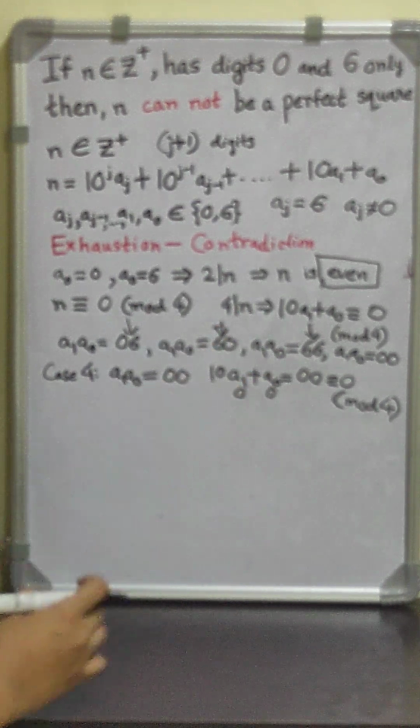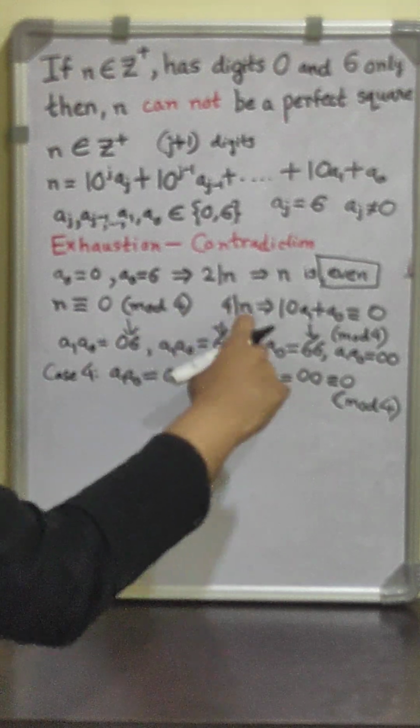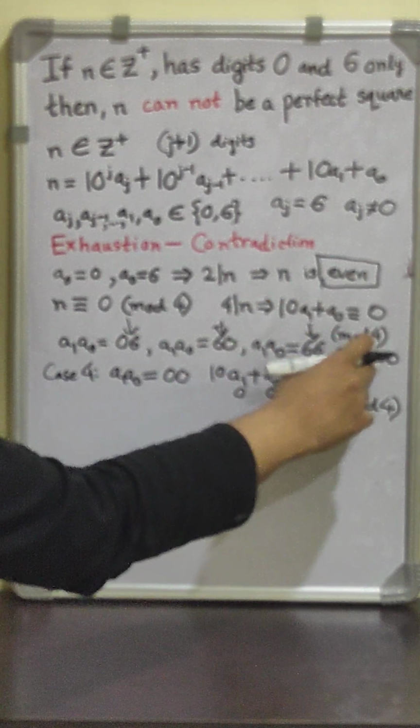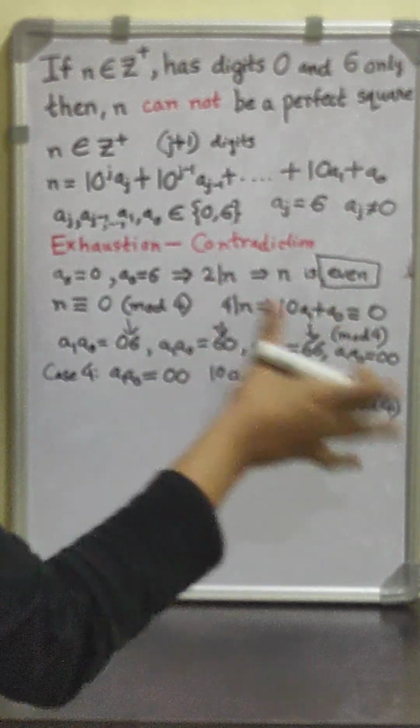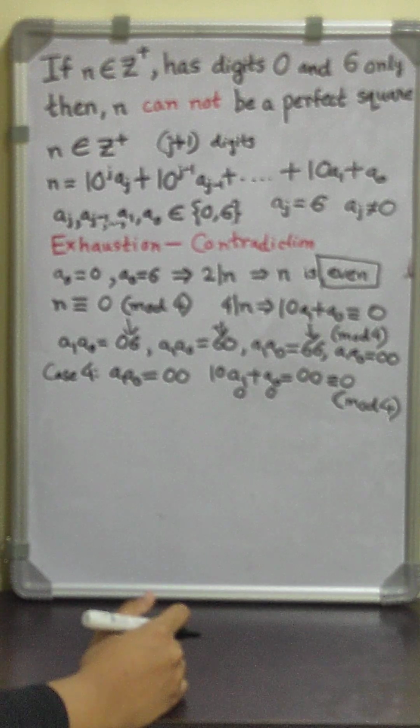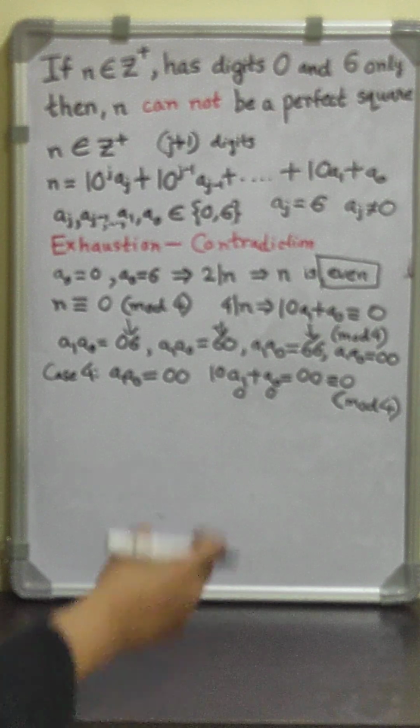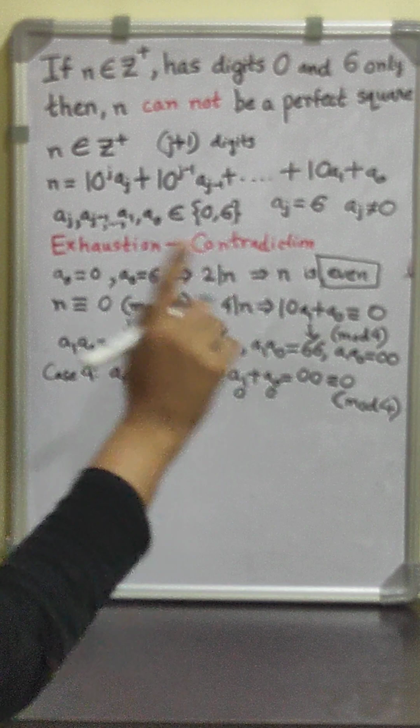But here I have 2 zeros. So none of the other cases are helping me contradict this. This is maybe somewhere where I'm stuck. Slightly disappointing, but we'll get there.